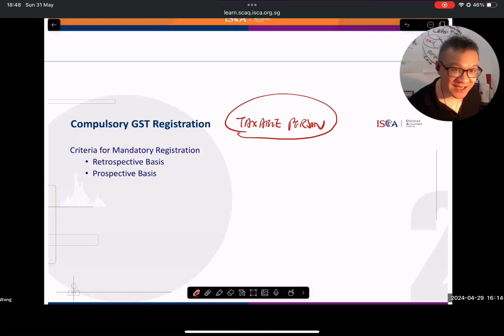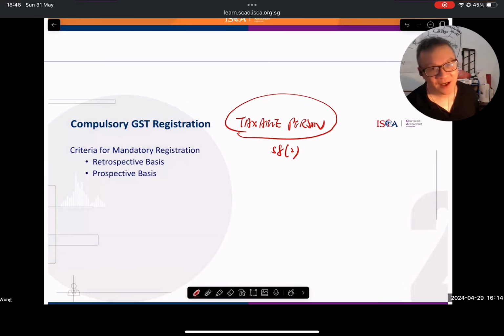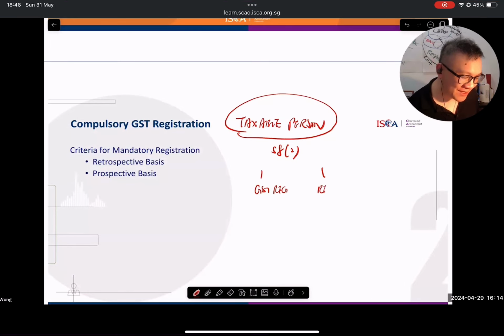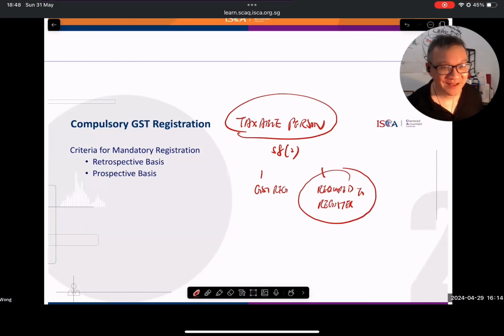It's because taxable person is defined under Section 8(2) of the GST Act as a person who has already registered for GST and a person who is required to register, but hasn't registered. So I'm now talking about this second group of people. People who are not yet registered, but they are required to.